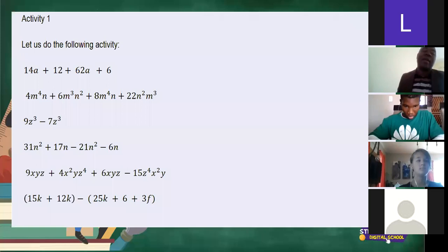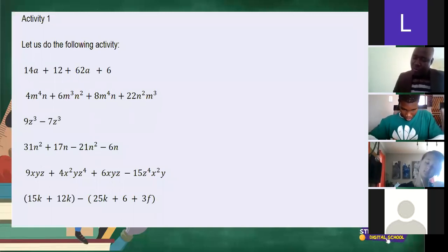If you add 4 and 8, you get 12. So your answer will be 12m to the power of 4n, and then plus, if you add 6 and 22, you get 28. So you get 28m cubed n squared. So that will be your solution for the second one.